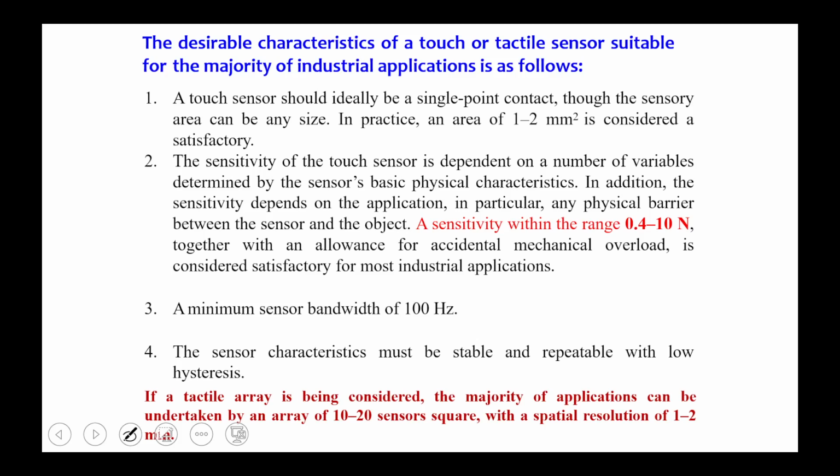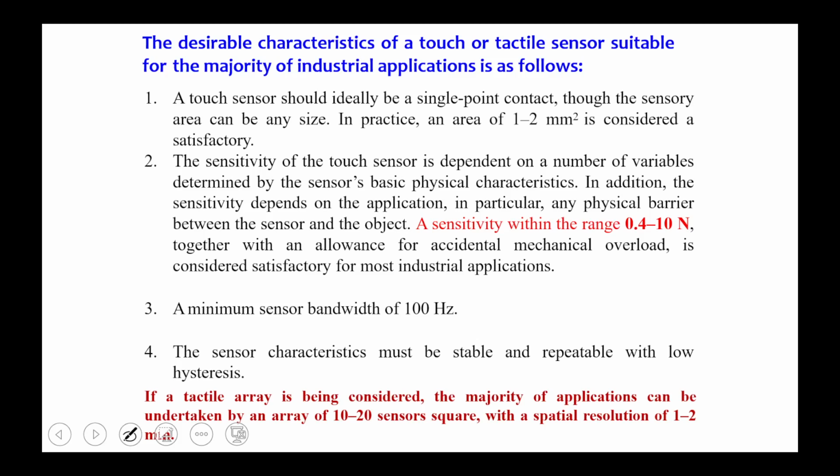So the sensors which we have fabricated depend upon variable physical parameters: what is the sensitivity of the sensors, what is the power consumption, what is the response, what is the resolution, what is the standard deviation or error, and what is the application for which we fabricate the sensors.